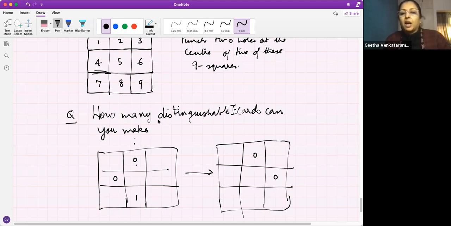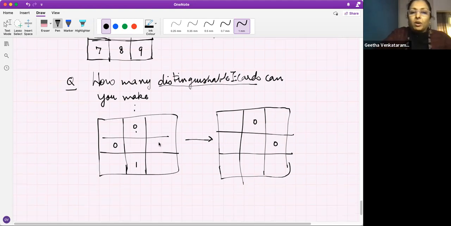So when we ask how many distinguishable I cards you can make, basically what you want to know is how many orbits you are going to get, under the action of D4, on all these plastic squares with 2 holes punched. Okay. So is everybody clear about what I'm saying here?